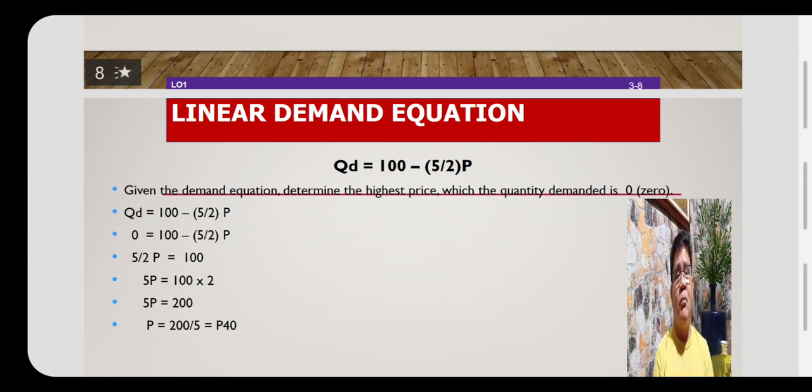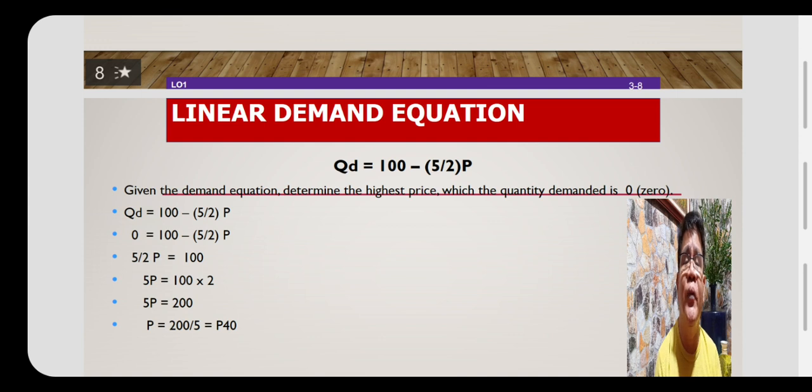Algebra can help us compute this. We can just substitute 0 for quantity demanded, as given in the problem. Now we only have one unknown variable, P. So we have 0 is equal to 100 minus 5 over 2P.